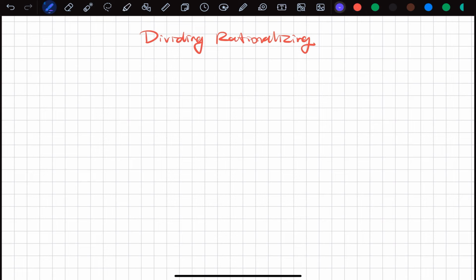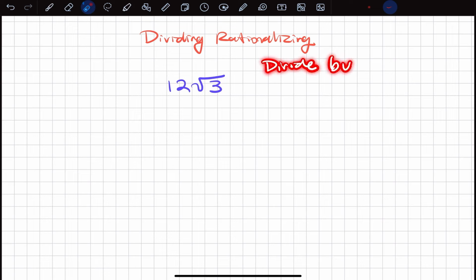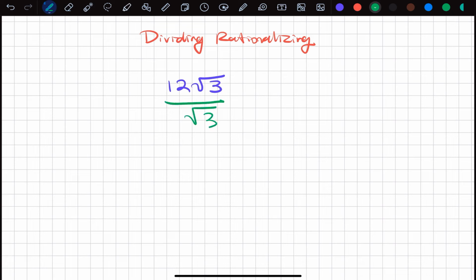So for example, if you had something such as, let's call it 12 root 3. Someone gives you this, right? And then you are asked to divide by root 3. So like, okay, if I'm going to divide by root 3, I can just write a fraction bar and do root 3.